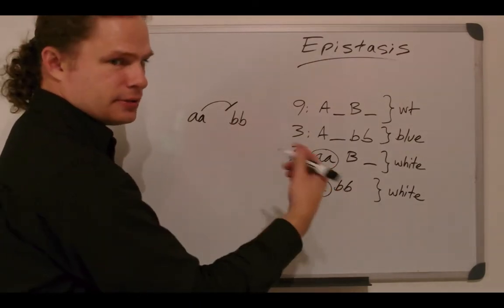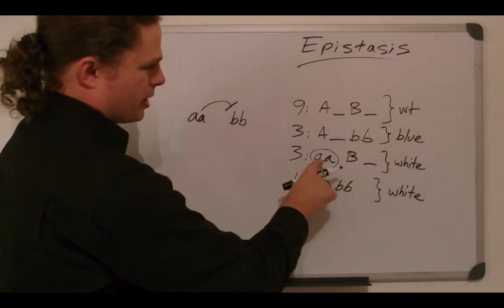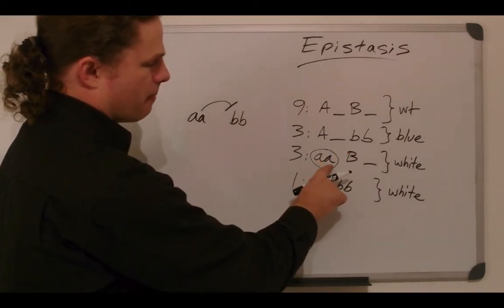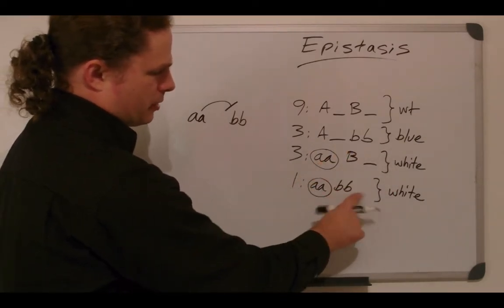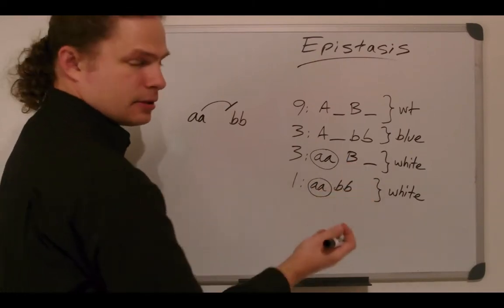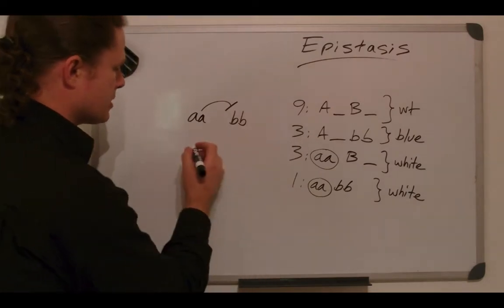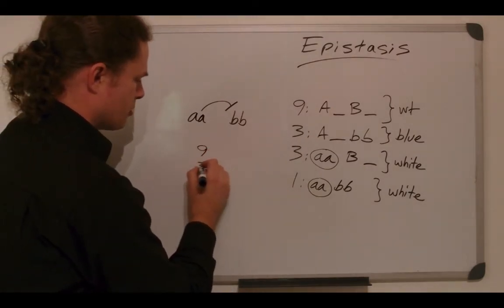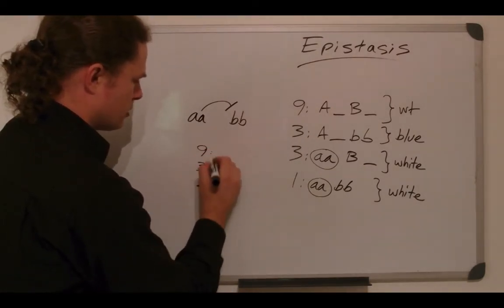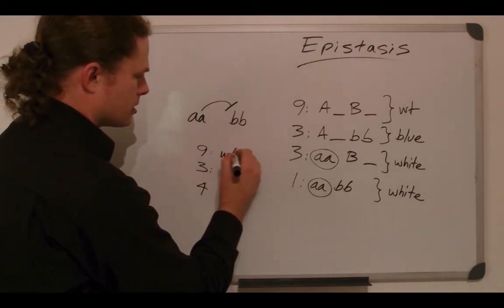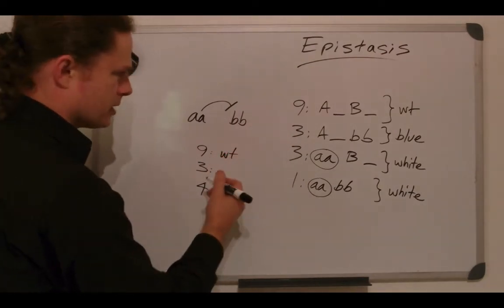So the only necessity for having a white phenotype now is having little a. Doesn't matter if there's little b there or if there's a big B present or not. So the net effect of this is to produce a 9:3:4 ratio.